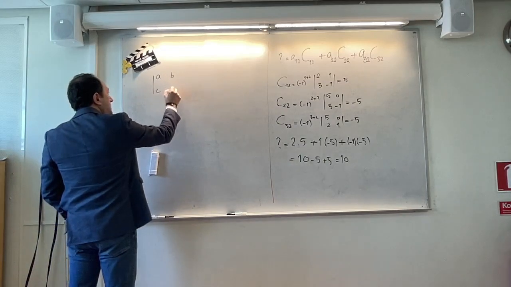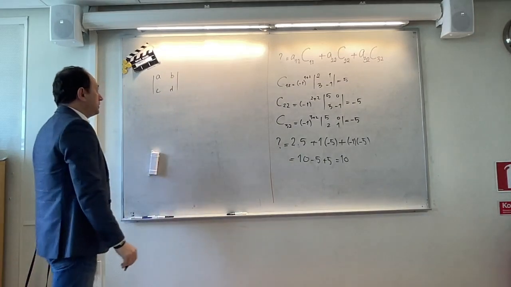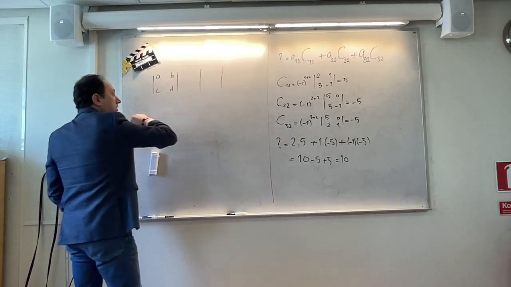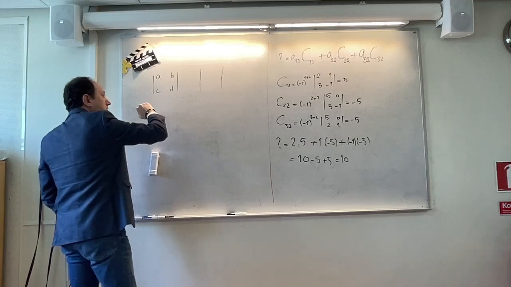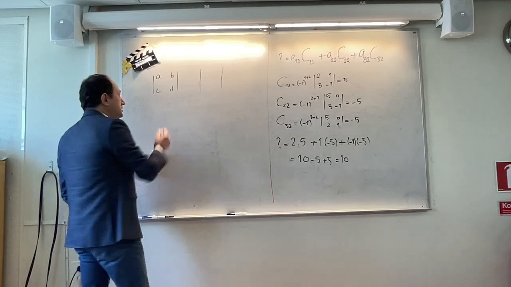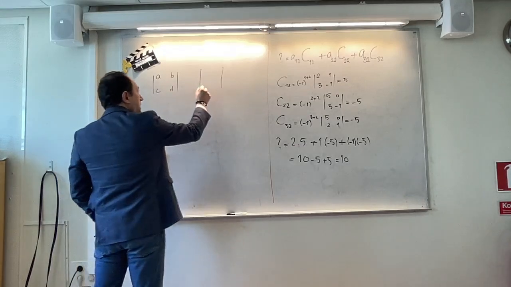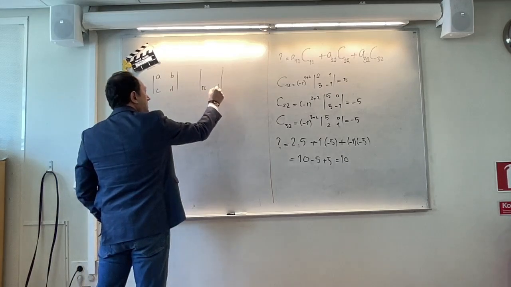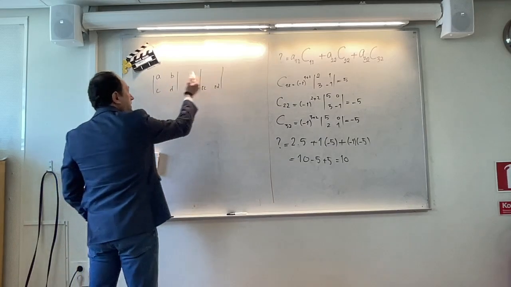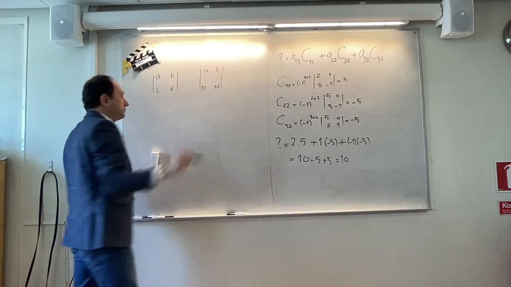So A, B, C, D, this is one matrix. But what I do, I pick a row or a column and multiply the entries of that row or column by just a fixed number, say R. So for example, I choose the second one and I multiply the entries of the second one by some constant number R, but I leave the first ones intact.